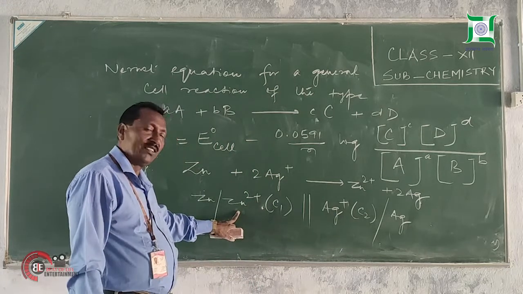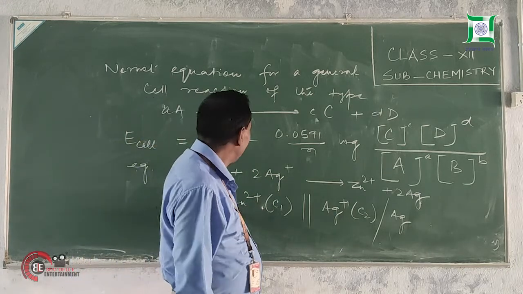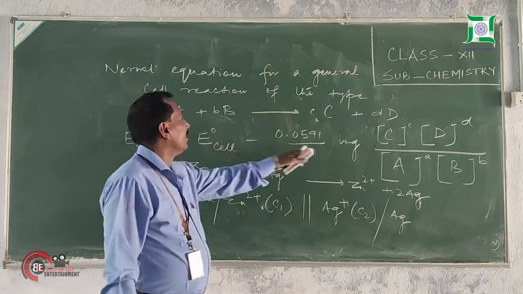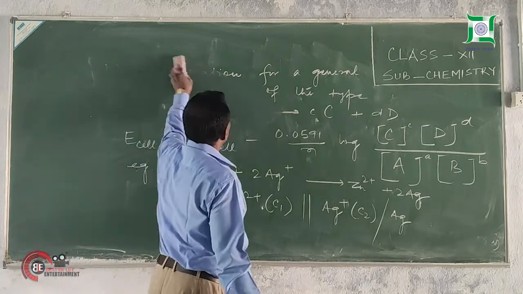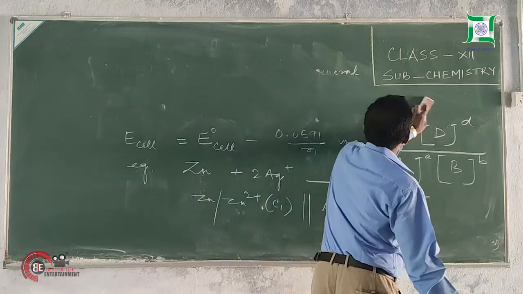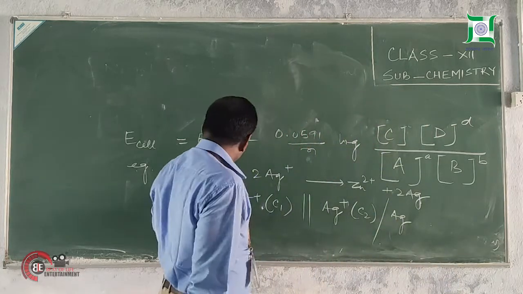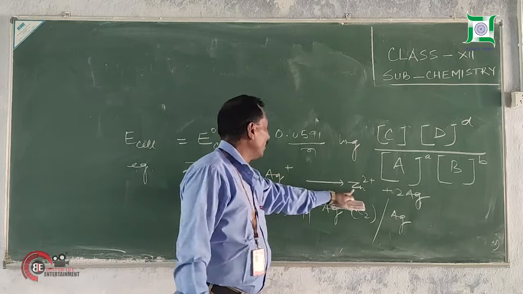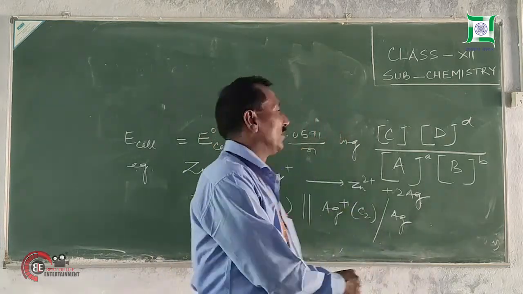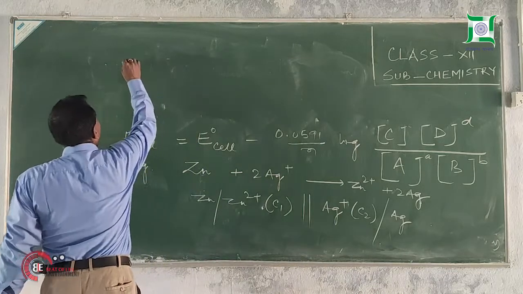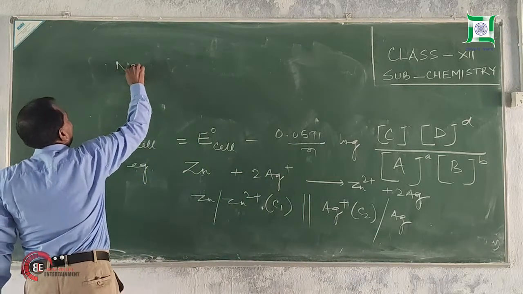So for this galvanic cell, we can write the Nernst equation. In a question either the cell or the reaction will be given to you, and you have to find the Nernst equation.